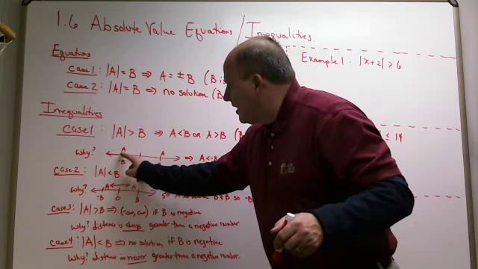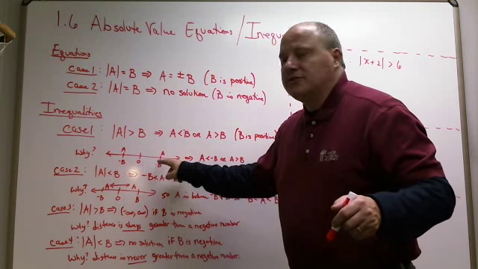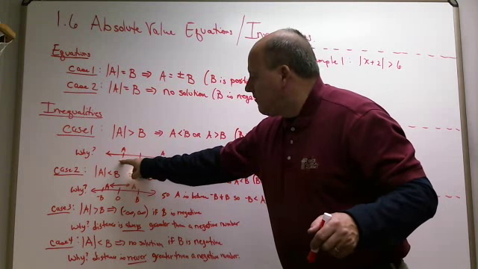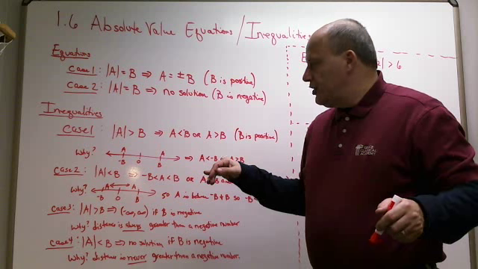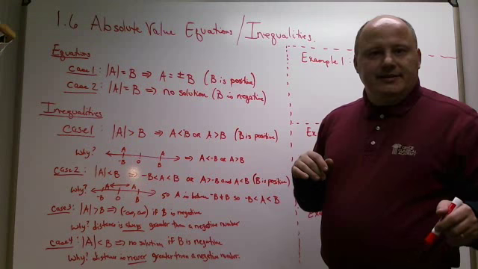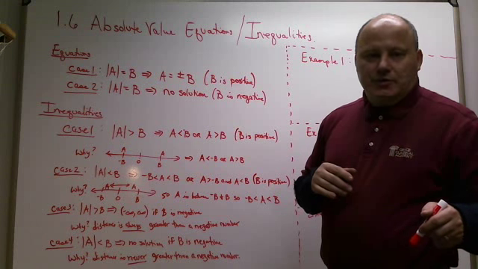So that means A is on the left or A is on the right of these 2 numbers. Well, when you say it's on the left of negative B, that's the same thing as saying this. And when you say A is on the right side of B, that's the same thing as saying that. So some people just memorize this, but the reason it's true is because of this graph right here. And again, that's when B is positive. B has to be positive for this to work.